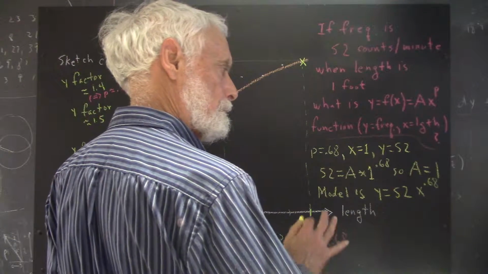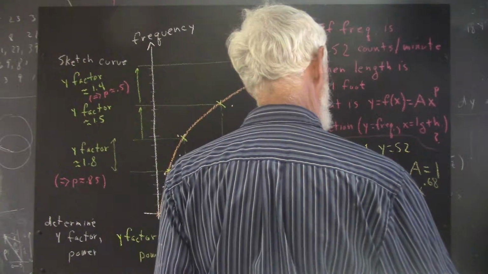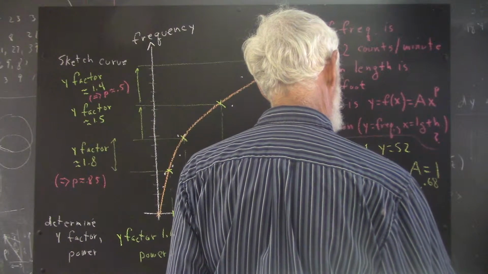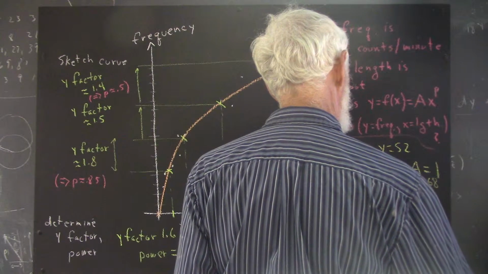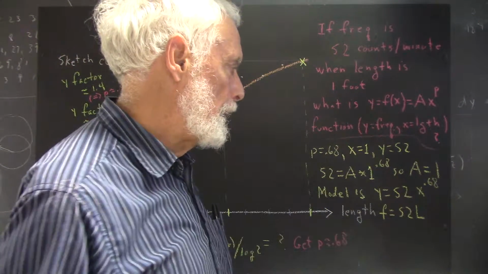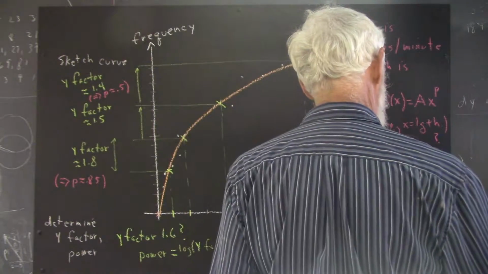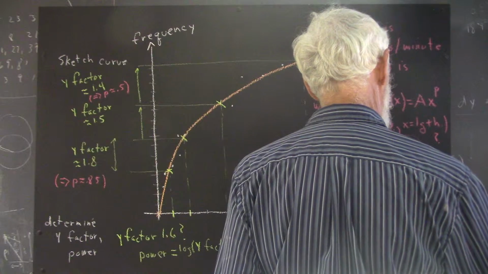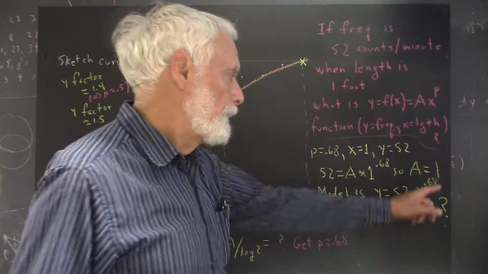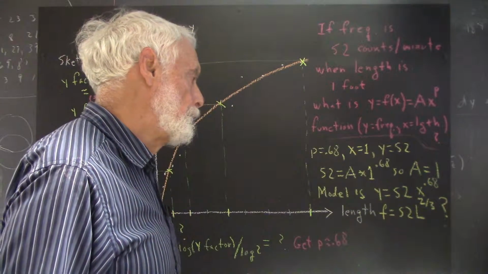Using f for frequency and capital L for length, could it be that this 0.68 really represents a 2/3 power?